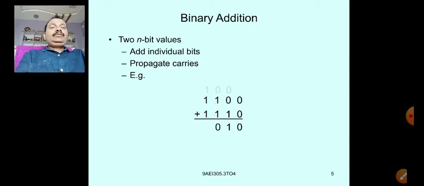Similarly, in the last position, we have to add 1 plus 1 plus 1. So, how much do you get? 1 plus 1 is 10, and 10 plus 1 is 11.